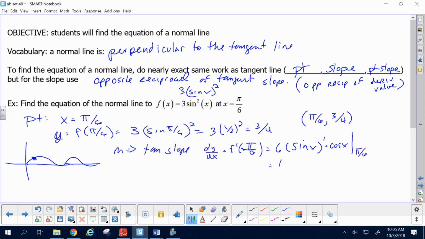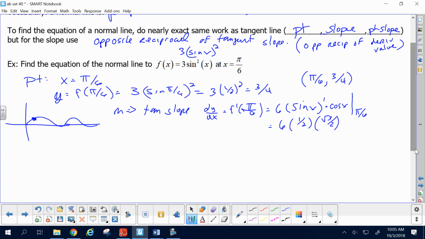Then at pi over 6, I'm about to evaluate that: 6 sine pi over 6 cosine pi over 6. What's sine of pi over 6? 1/2. And what's cosine of pi over 6? Root 3 over 2. Therefore, our tangent slope is something like 3 root 3 over 2 if I reduce it.